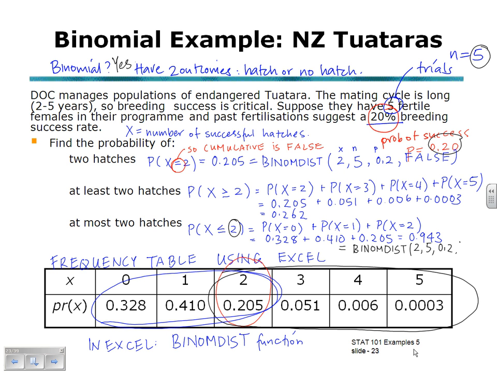And cumulative in this case would be true. We do want cumulative. We require the probabilities that x is 2 and also the values for 1 and 0. Cumulative, true, or typing in 1 returns the same value in Excel.